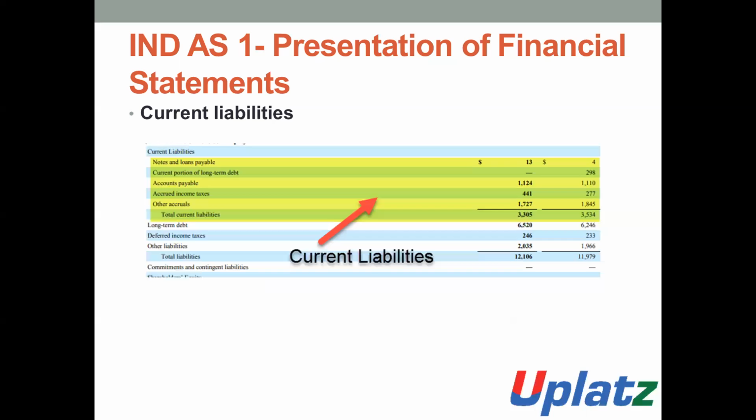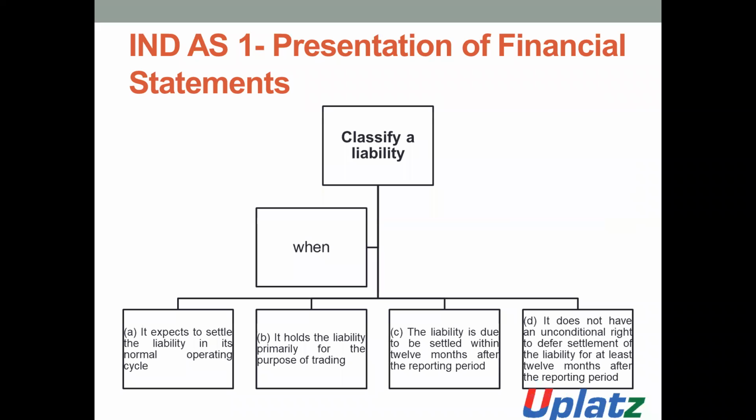What is the meaning of current liabilities? A liability is classified as a current liability when it is expected to be settled by the organization in its normal operating cycle. It holds the liability primarily for the purpose of trading.